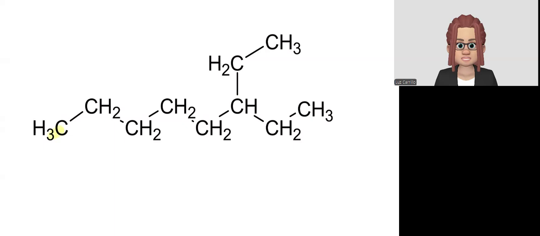The first thing that I like to do is highlight that parent chain. The rules tell me that I have to number the chain starting from the end that it is closest to the substituents. So in this molecule, I have to go 1, 2, 3, 4, 5, 6, 7, 8.